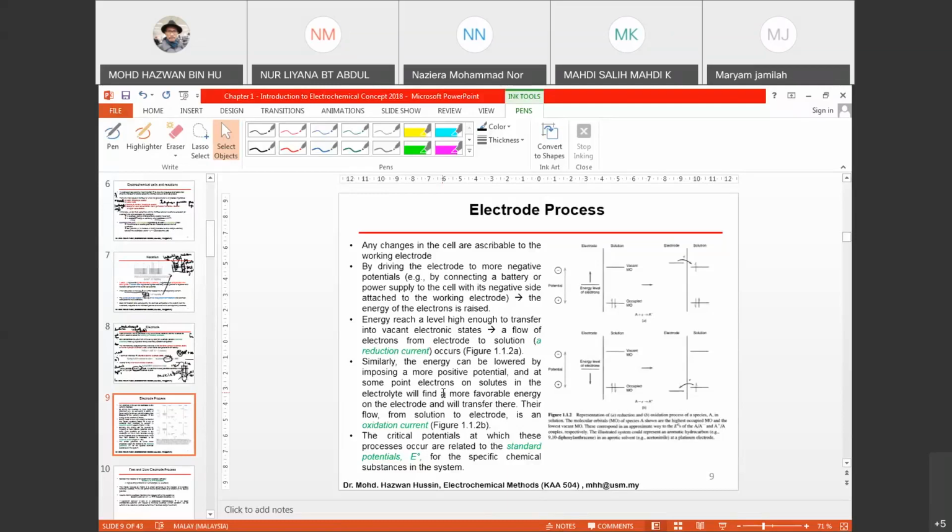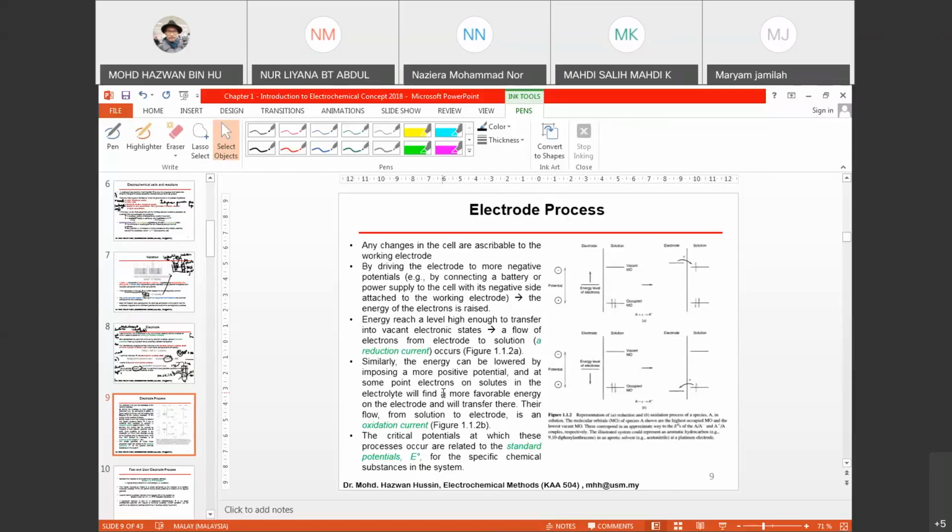Similarly, the energy can be lowered by imposing a more positive potential, and at some point, electrons on solute in the electrolyte will find a more favorable energy on the electrode and will be transferred there. Their flow from solution to electrode is known as oxidation current.